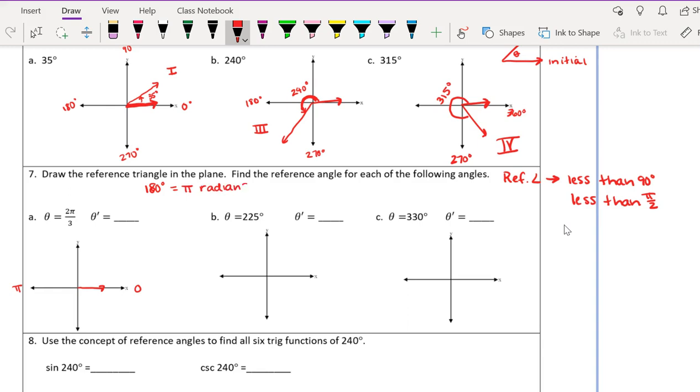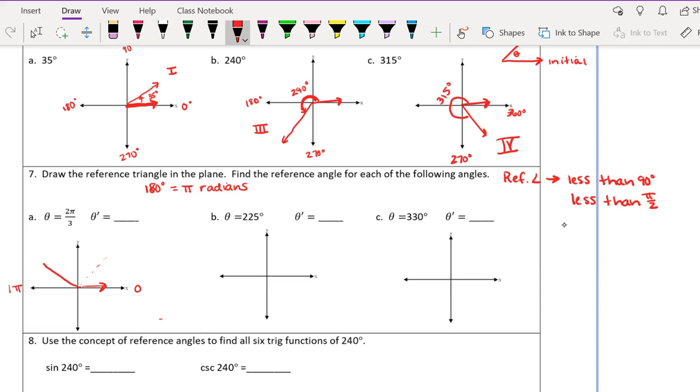So if I have 2/3 pi, that's not quite 1 pi. So we are 2/3 of the way. Well, this is halfway, and so 2/3 of the way. Here's my initial side. If you can picture this, here's 1/3, here's 2/3, and here's 3/3, or 1.